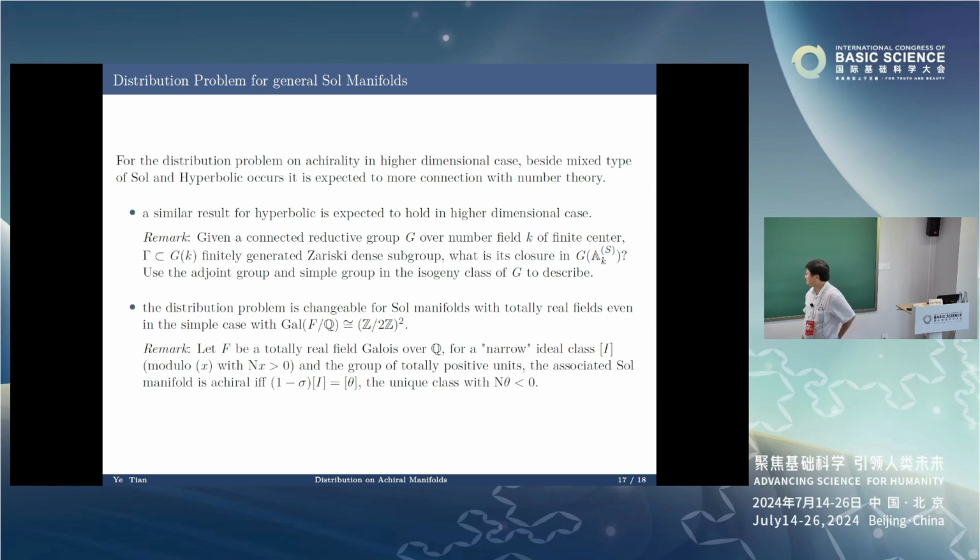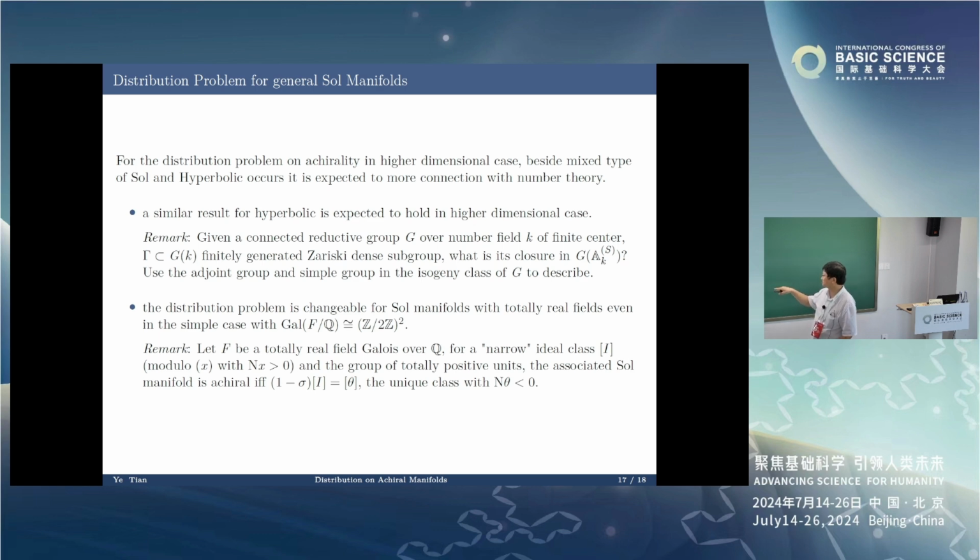That conjecture was solved by Atiyah, Singer, and so on. And if you look at those examples of Sol manifolds of high dimension, this corresponds to a totally real field with higher degree. For example, let's just look at degree 4. So beside 2, the next one is 4. And it requires the Galois group of F over Q to be just Z/2Z times Z/2Z. Then the analytic number theory becomes much more complicated.